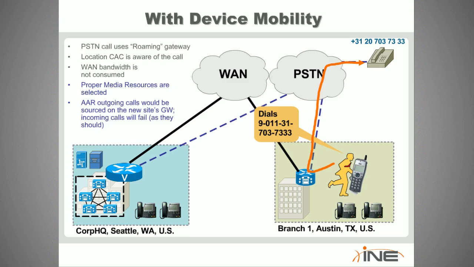Okay? If that's the case, locations or RSVP-based locations cause the call to fail, then the incoming AAR call would fail because the call would be coming in the PSTN home gateway, but there's not enough WAN bandwidth over to his branch site. Okay, but if there is enough bandwidth, then the incoming call would set up properly.